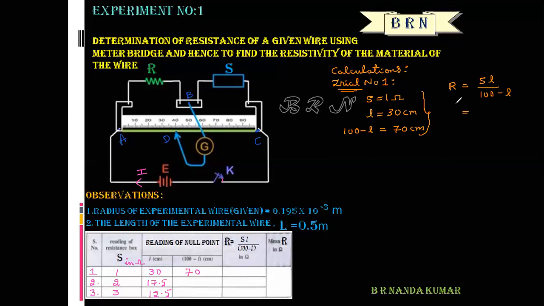So here, what is the value of S? S value is 1 and L value is 30. 100 minus L, that is 70. So 30 divided by 70, so the value is 0.42857.